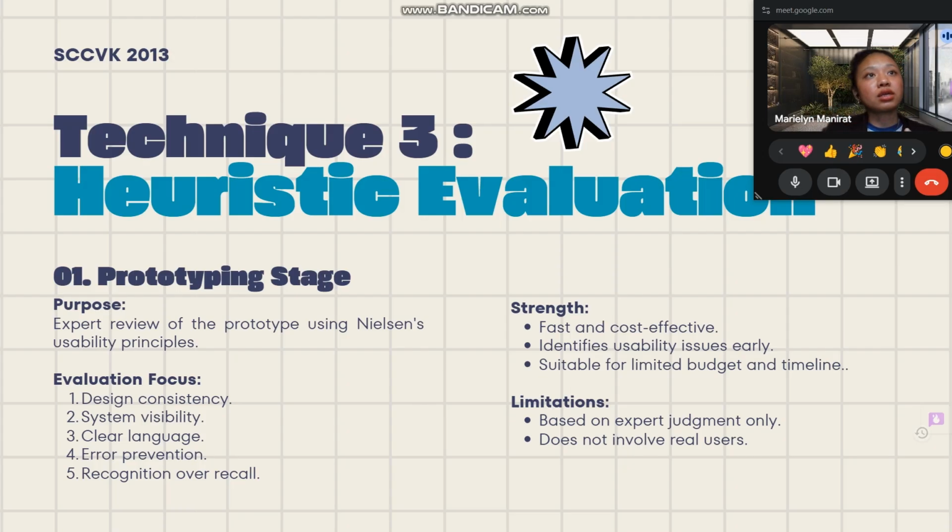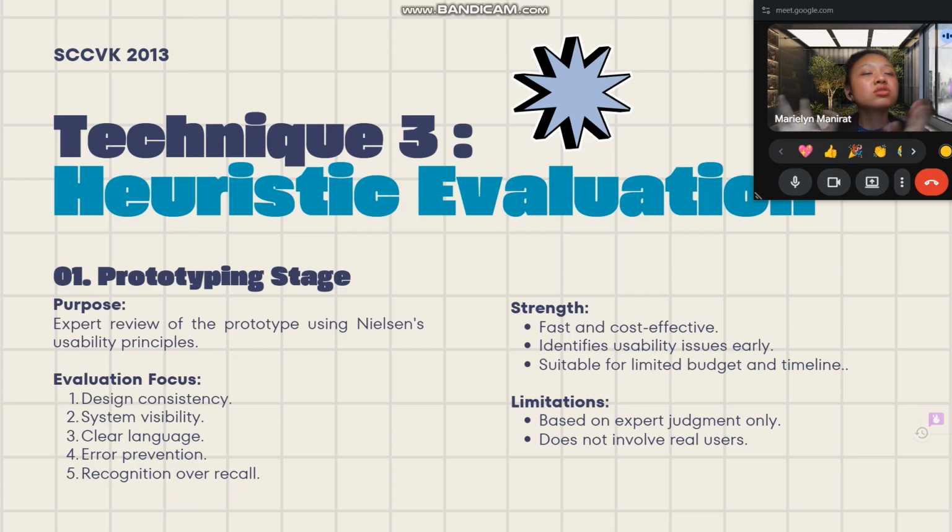During prototyping, the UX expert evaluates the application using Jakob Nielsen's usability heuristics. The evaluation mainly focuses on consistency, visibility of system status, clear language, error prevention, and recognition rather than recall.